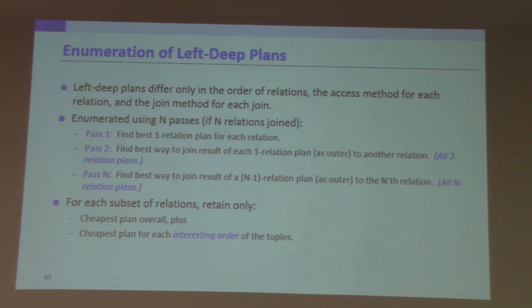But sorting is not necessarily always an interesting order. It's only interesting if the output is sorted on an attribute that later will be used by some of your other operators. For example, later on you have a group by on the name attribute, and in the early stage you have a join over name between A and B. Then sort merge join for that is interesting because having the output sorted by name will facilitate and speed up the query answering for group by on name.